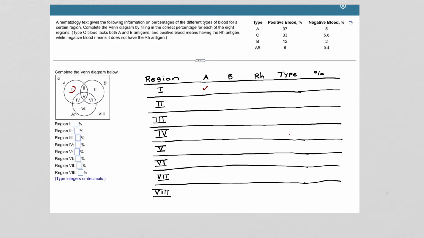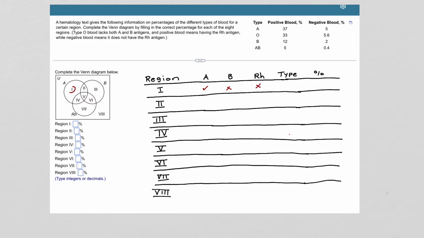And now, are they inside the B circle? They are not. So we're going to put an X there. And are they inside the RH circle? They are not. So I'm going to put an X here.